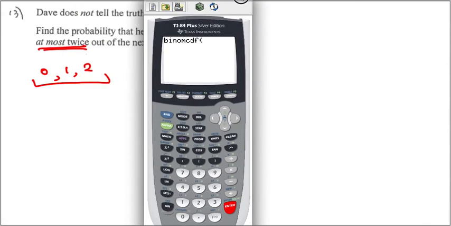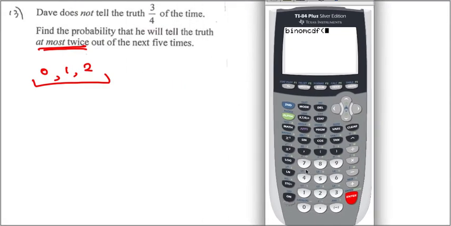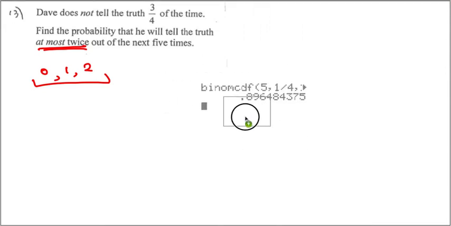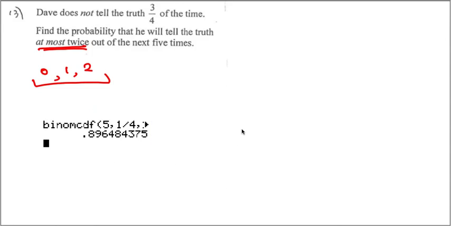So here we have out of 5 times, so 5, comma, he will tell the truth. Telling the truth is the opposite of not telling the truth, so tell the truth is 1/4. And then at most is 2. So therefore that becomes our answer. 0.896.